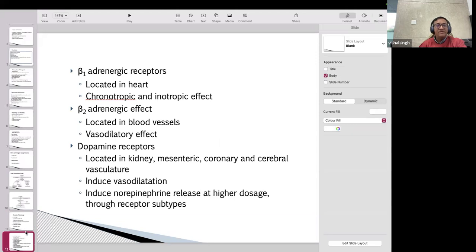Beta 1 is the primary receptor located in the heart with chronotropic and inotropic effect. Beta 2 is located in blood vessels, with a vasodilatory effect. And dopamine receptors are located in the kidney, mesenteric, coronary, and cerebral vasculature. They induce vasodilatation, especially at a lower dosage, and at a higher dosage induce norepinephrine release, which leads to a chronotropic effect and a vasoconstrictor effect.